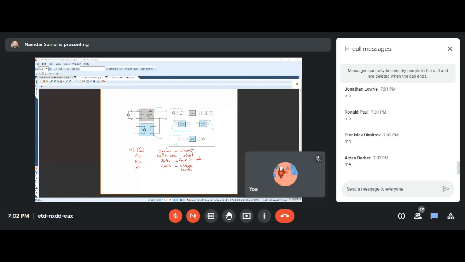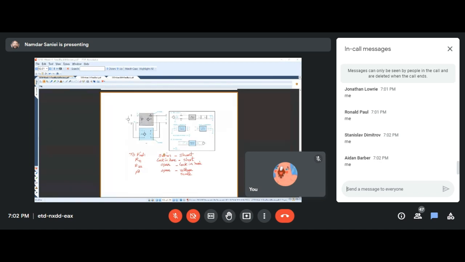Like, can you explain the whole thing again? Okay. So for this one, which is series shunt topology, right? Yeah. We realized that when we have series shunt, the nature of the feedback network is H parameters, two-port network.